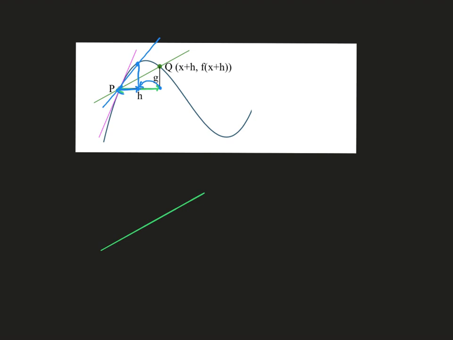And the idea is that when you decrease h more and more, when you decrease h and make it approximately equal to 0, this green line would try to tilt, and at a time it would become the tangent at this point. Because see, when you decrease h, the slope of this line is changing, and the slope would change and change until it becomes the tangent at this point.